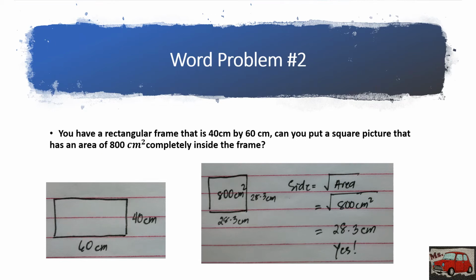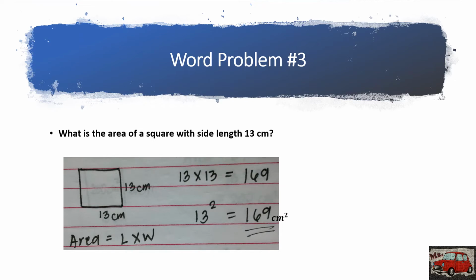Okay? What is the area of a square with side length 13 cm? Okay? So, ngayon, ang hahanapin daw natin is yung area ng square. Alright? So, again, yung area ng square, para makuha yung area, kahit hindi pa yan square, you just need to multiply length and width. Okay? So, since square yung hinahanapan natin ng area, so ibig sabihin, yung side niya is parehas.